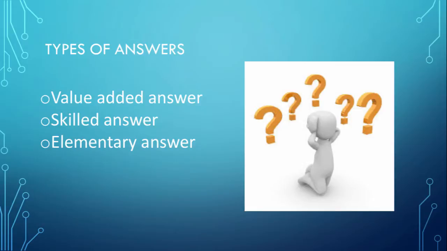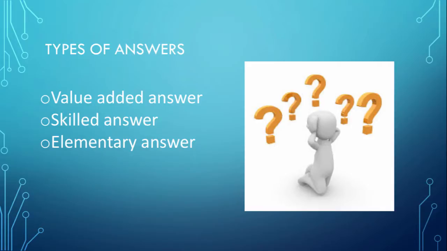So this is the most richly informed answer that a reference librarian can give, and it's maybe the most time-consuming and skilled, but it leaves the user with the most amount of information.